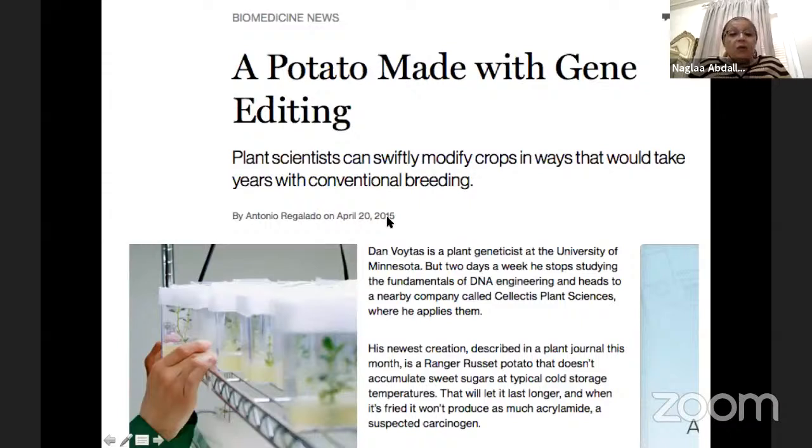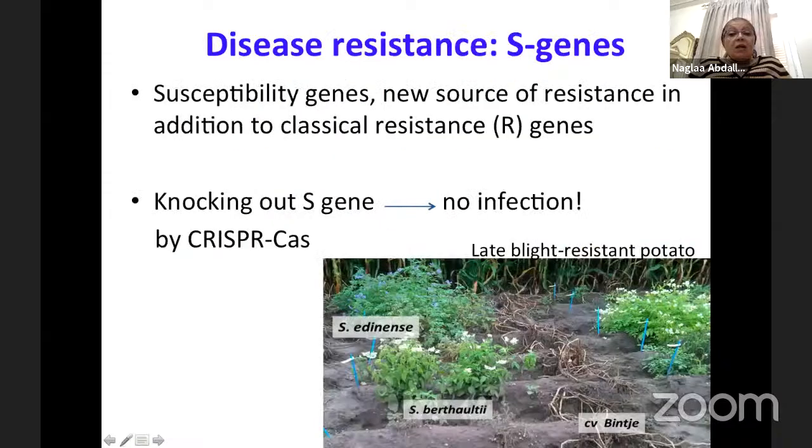We have also disease resistance, like the sensitivity gene. Usually when we want to develop a disease-resistant plant, we use the R gene and increase the expression of the R gene. But in this technique, we suppress the expression of the susceptibility gene, which allows the microbe to enter inside the plant and infect the plant.